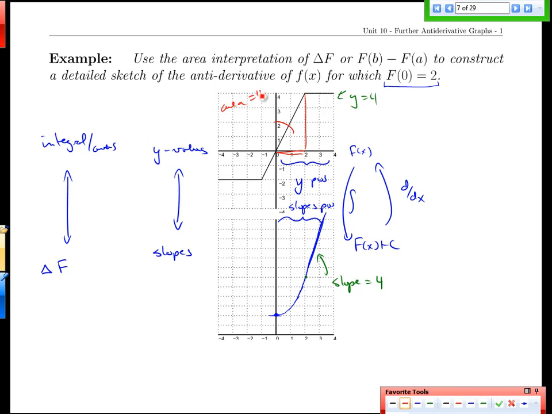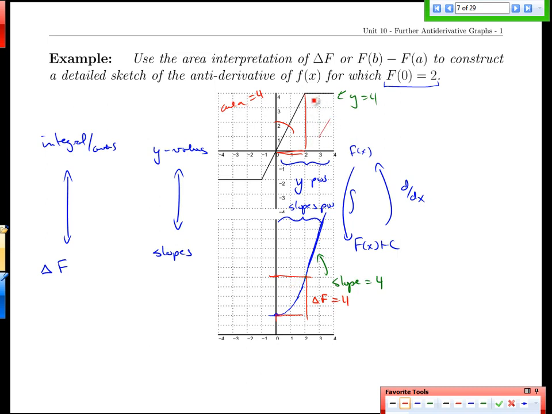That area is 4. And actually our sketch here did that pretty well already. So the area represented on the interval on this graph from 0 to 2 corresponds to a change in f on that same interval of 4. Area equals 4, change in f equals 4.